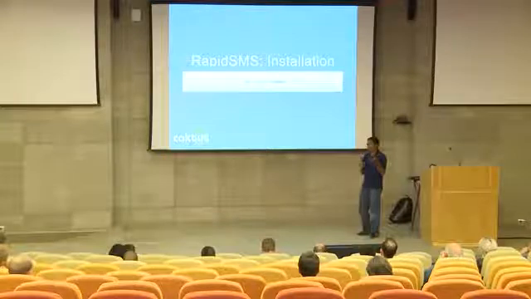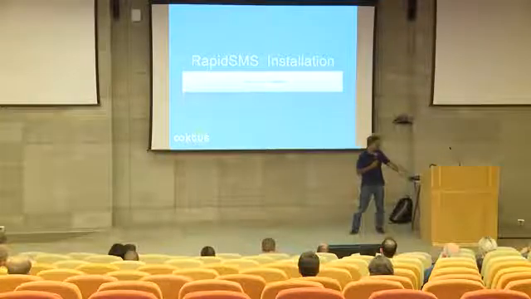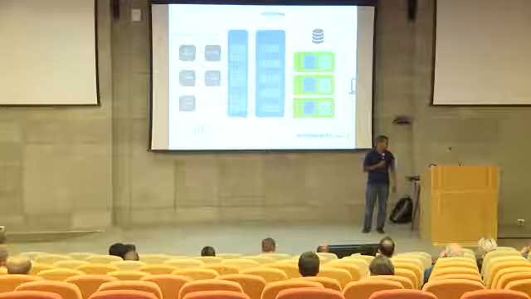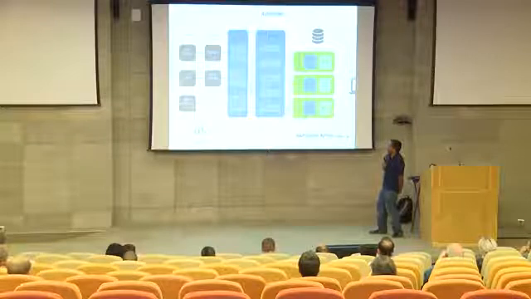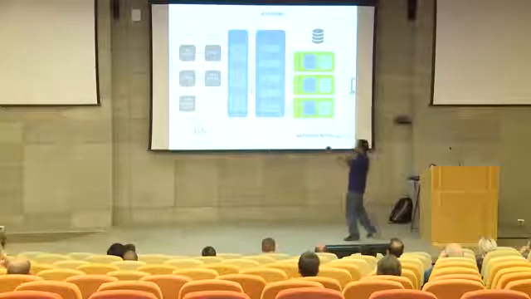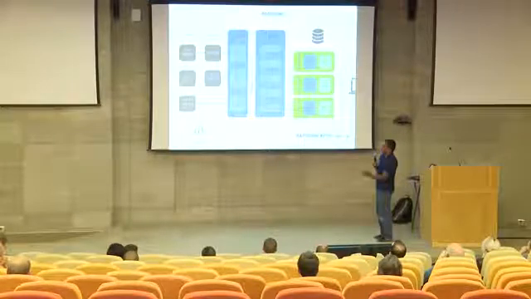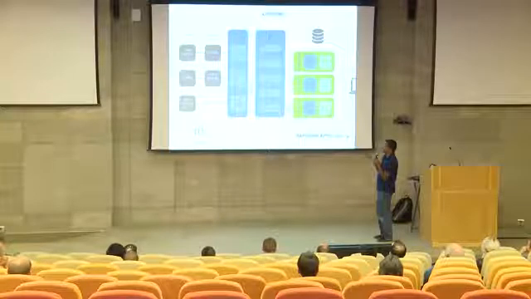It's based on Django. So basically, you start your Django project, and then you add RapidSMS as a requirement. Just pip install RapidSMS. And then this is, again, a very complicated diagram that I don't want you to look at. Unfortunately, it got cut off at the edges, but there was a phone over on that side and a computer on this side. And so basically, messages come in via the phone system.